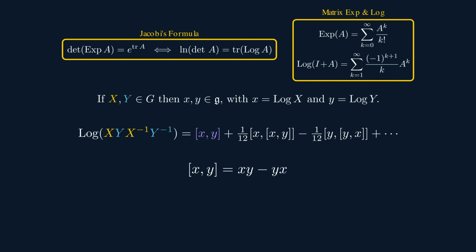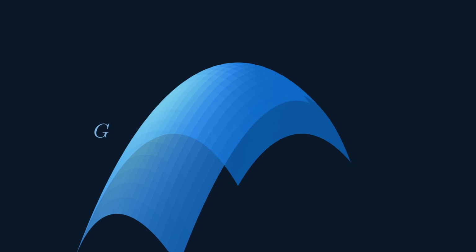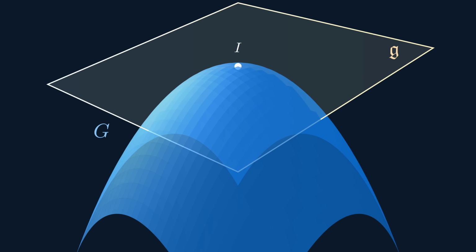Now we can visualize that as well. So here we've got the Lie group, we've got the Lie algebra, we've got two elements of the Lie algebra. So those are tangent vectors at the identity. They're associated with two elements in the Lie group.